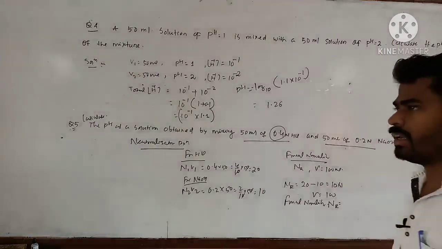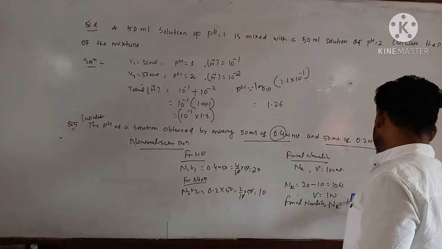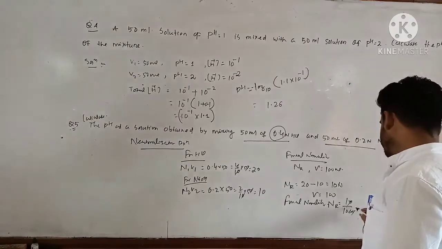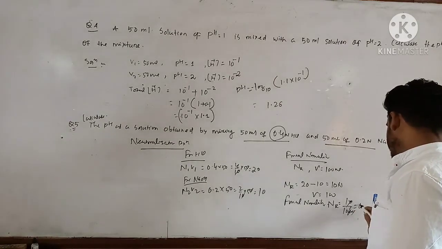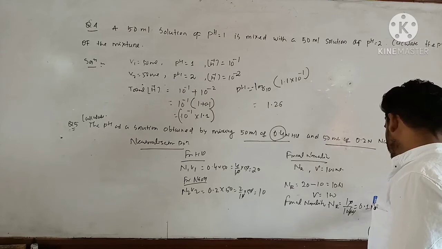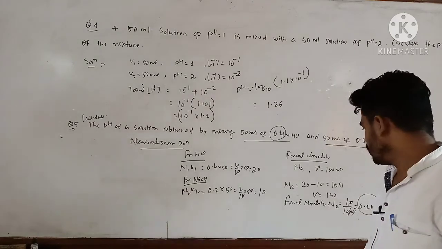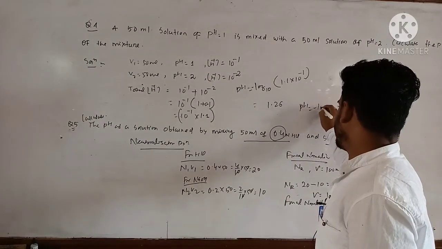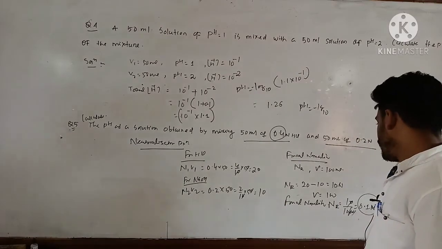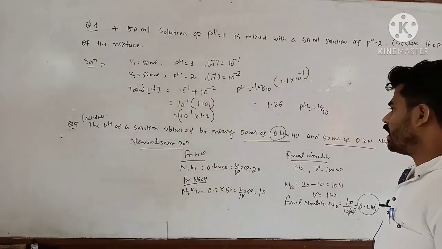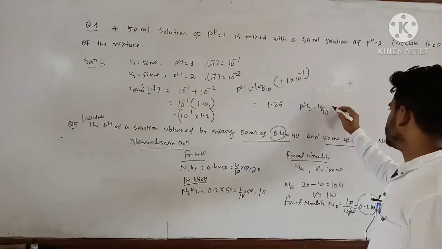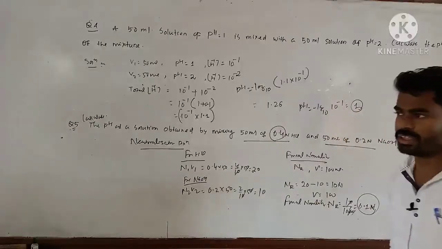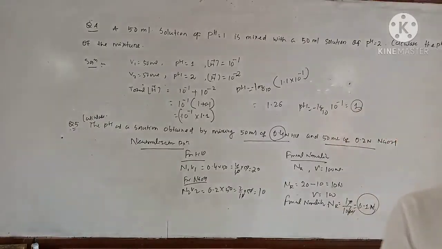So the final normality is equal to 10 upon 100, and 0 gets cancelled to give you 1 by 10, that is 0.1 N. Now you can calculate the pH of the solution. pH is the negative logarithm of H plus ion concentration, and the final H plus ion concentration is 10 to the power minus 1, so pH will be equal to 1. So pH of the solution will be equal to 1.